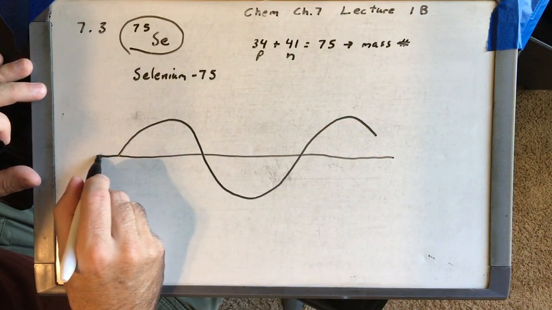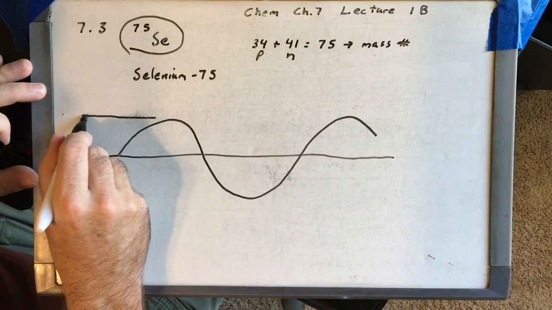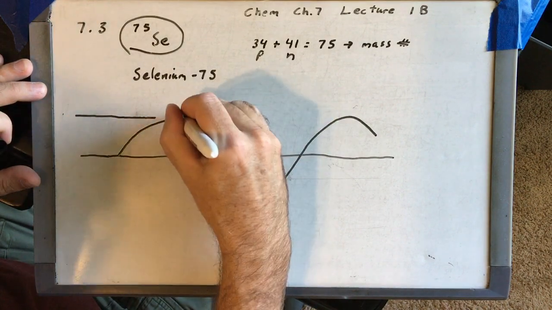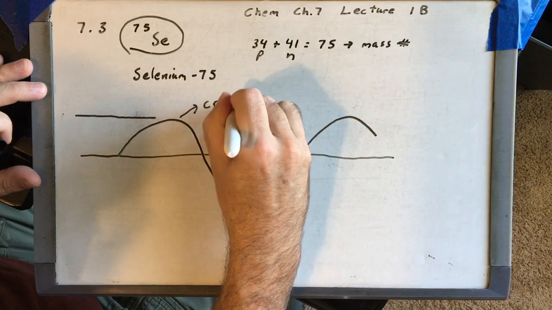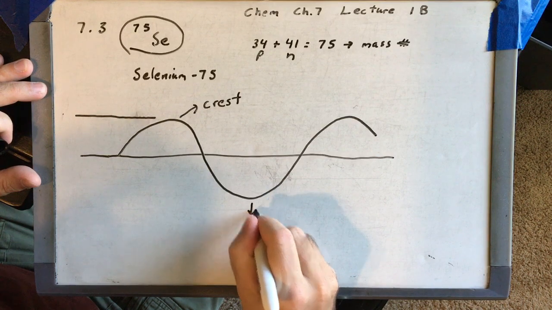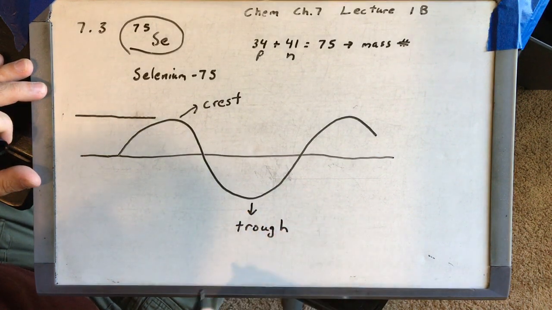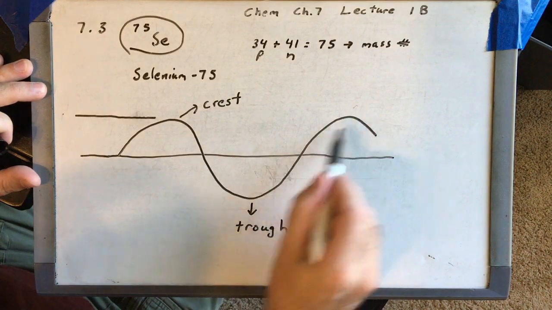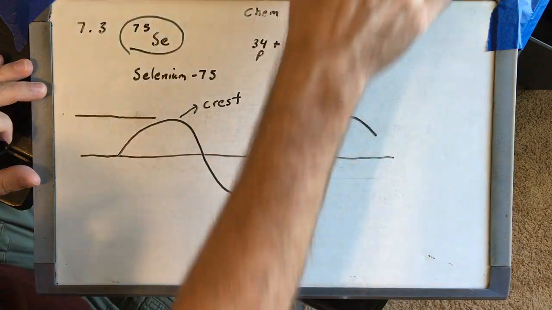From the center of the wave to the top of the wave, this is called a crest. The bottom is called a trough. And the crests repeat every wavelength.